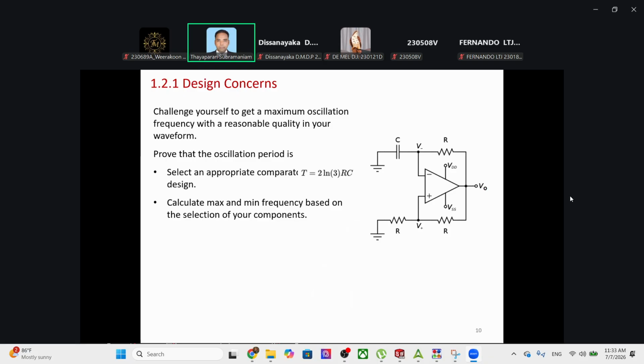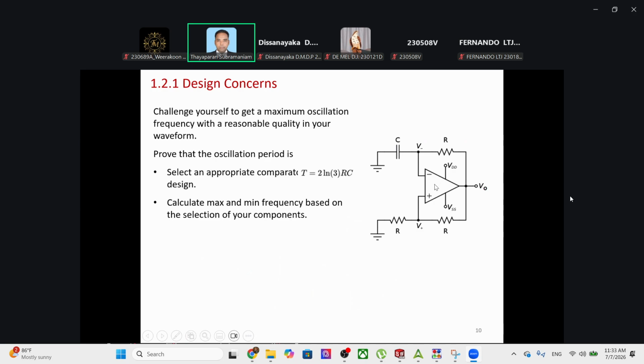Suppose somebody asks, okay, now it's giving a very good output, 20 kilohertz, change it to 30 kilohertz. What would you do? That is where this analysis is important. And this analysis is not all in one go, writing mathematical equations. Block by block, what are the blocks we have?